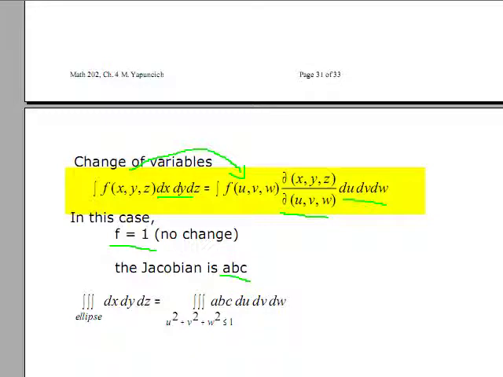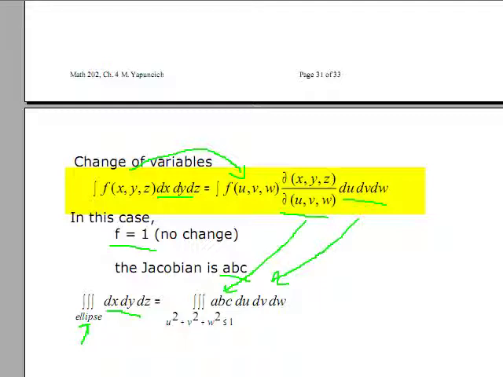So here's the integral over the ellipsoid. You don't need any limits here because you're not going to carry out this integral. Now, with this transformation, it becomes abc, which is the Jacobian, times du dv dw, and this is over the sphere: u squared plus v squared plus w squared is less than or equal to 1.